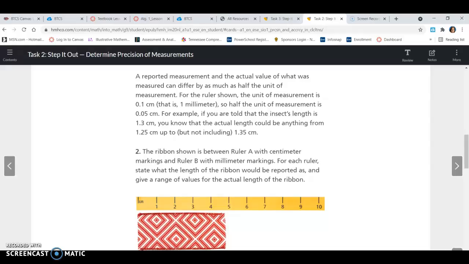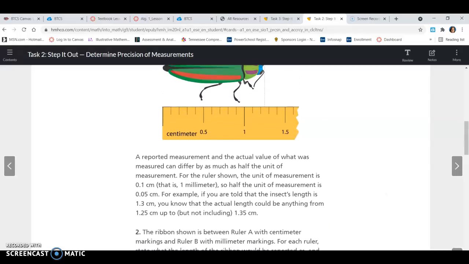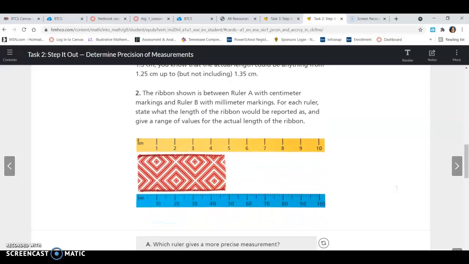For the ruler shown, the unit of measurement is 0.1 centimeters, or half the unit of measurement is 0.05. For example, if you are told that the insect's length is 1.3, you know that the actual length could be anything from 1.25 to 1.35. Okay, so that's how they're rounding that up.